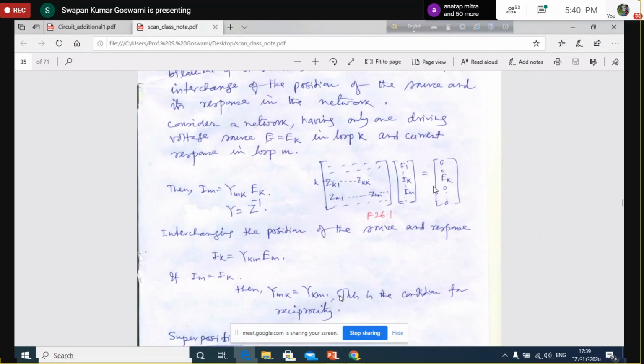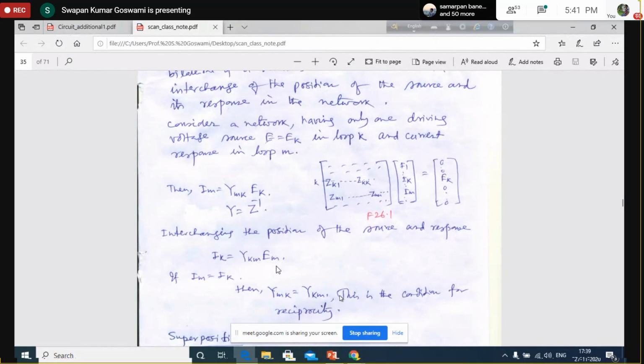So the same expression you will write here. The source is Em in the mth loop. So the kth loop current will be Ykm into Em because all other voltages are 0.